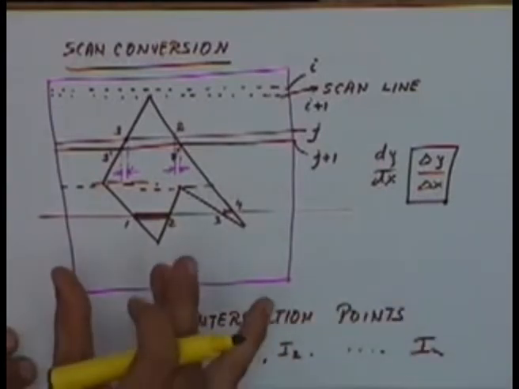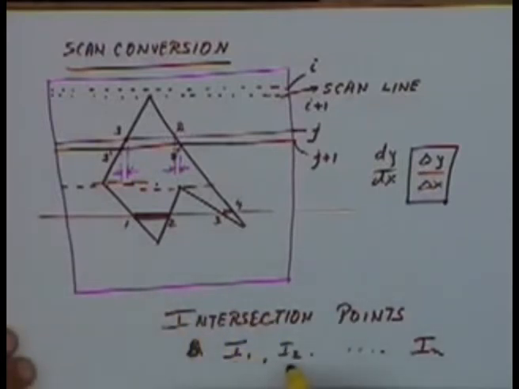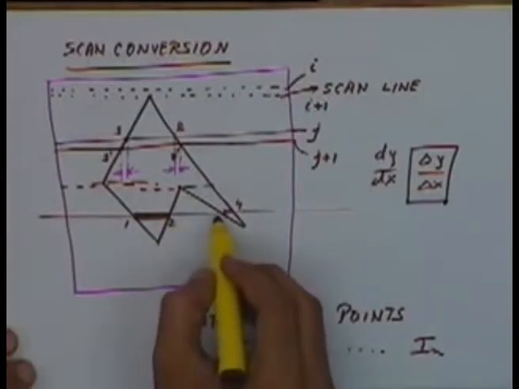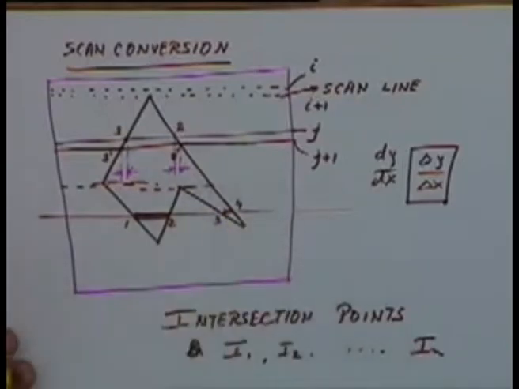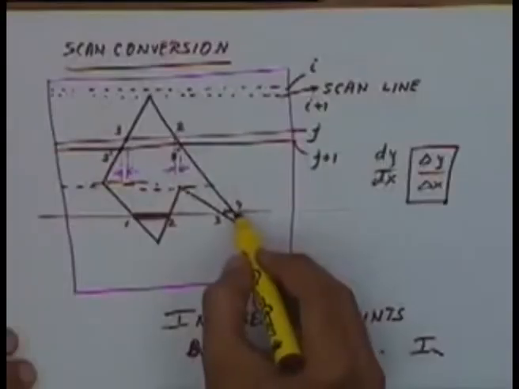Then which are the pixels which are going to be displayed? Pixels lying between I1 and I2 have to be put on. Between 1 and 2 they will always be on. Between 2 and 3 they will always be off. Alternate sets of pixels will be on and off. So this is the first set of pixels, this will be on, the second set will be off, the next set will be on, and so on.